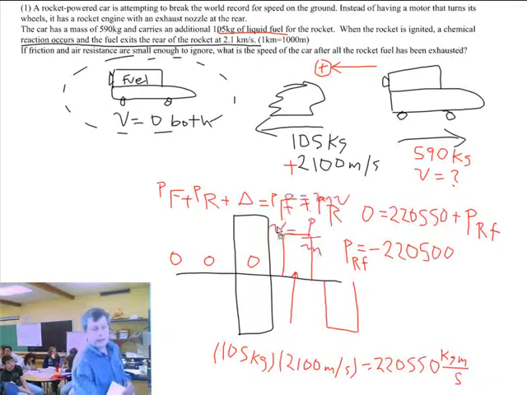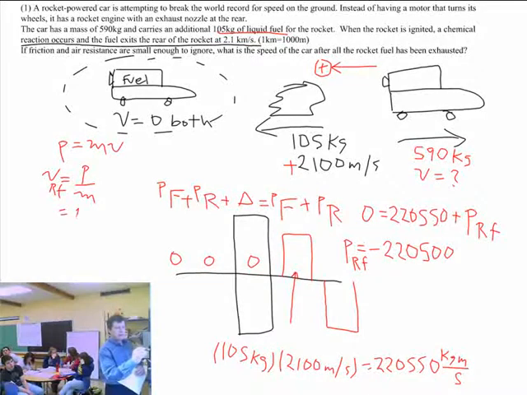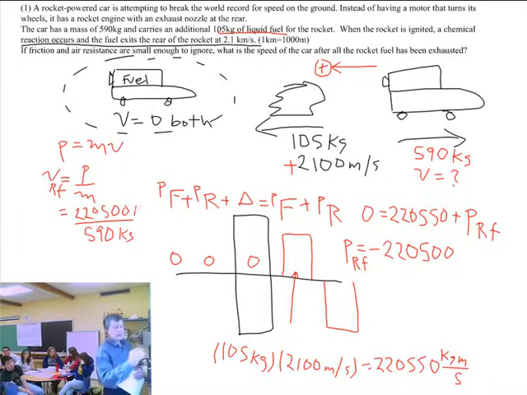Let's calculate this over here. The final velocity of the rocket car equals 220,500. Is that the momentum? Yep. I'm using the momentum to calculate the velocity, right?